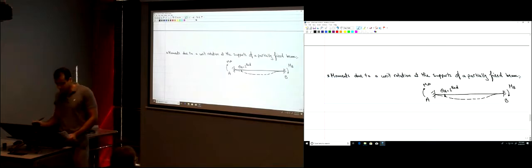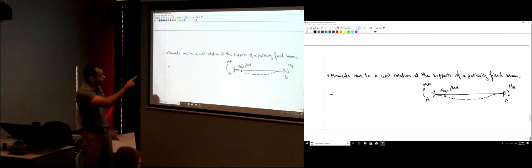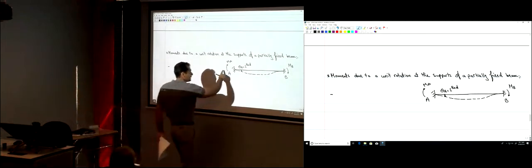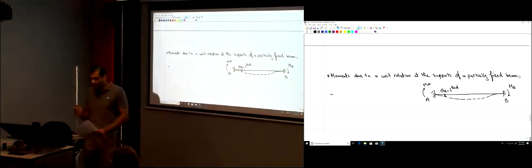So theta A here is just 1, the unit rotation. Okay? So here, what I did is I applied this unit rotation in a clockwise direction. I assume that MA and MB are in a clockwise direction as well as theta A. Okay?